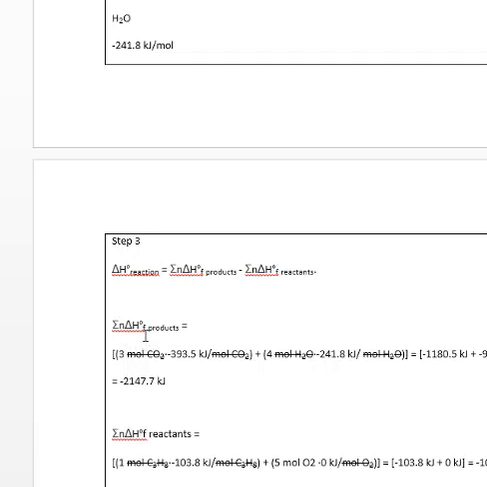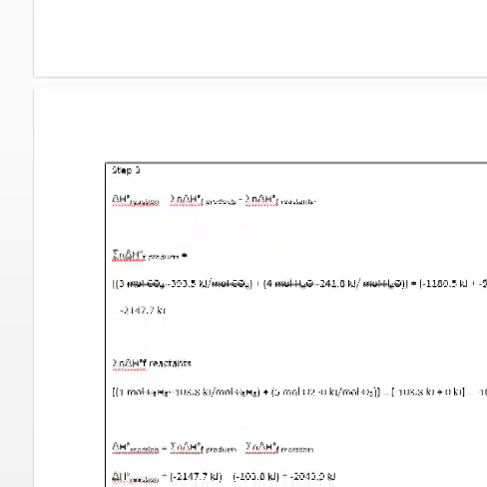Sigma n delta H of formation of products at standard conditions equals the quantity of 3 moles of carbon dioxide multiplied by negative 393.5 kilojoules per mole of carbon dioxide plus 4 moles of H2O multiplied by negative 241.8 kilojoules per mole of water equals negative 1,180.5 kilojoules plus negative 967.2 kilojoules equals negative 2,147.7 kilojoules.